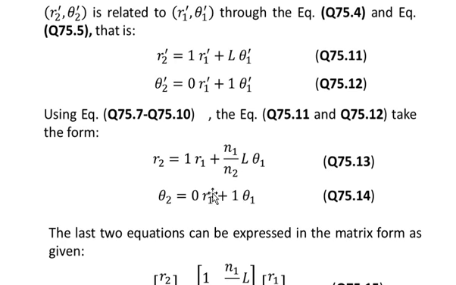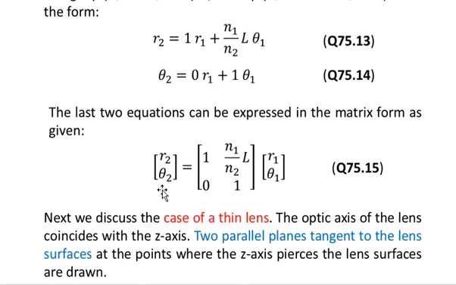And again writing these two equations in matrix form, we have r2 and theta 2 as unknown quantities in the form of a matrix, equal to the matrix of the optical system with the elements 1, n over n2 into capital L, then 0 and then 1, and then r1 and theta 1 are the known quantities in the form of the matrix.